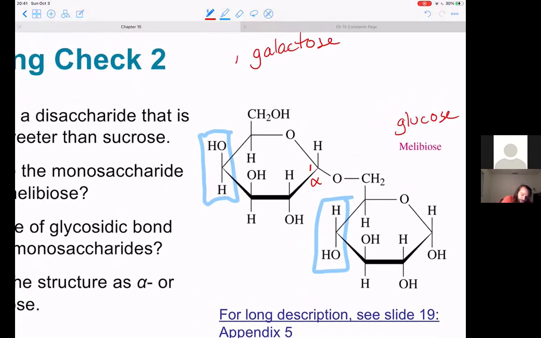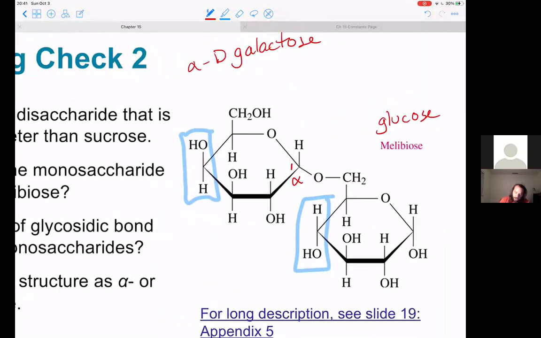So we can even specify that we've got alpha D galactose. And then for the other one, for our other unit of glucose, 1, 2, 3, 4, 5, 6, it is on the 6th carbon. So this would be an alpha 1,6 glycosidic bond.